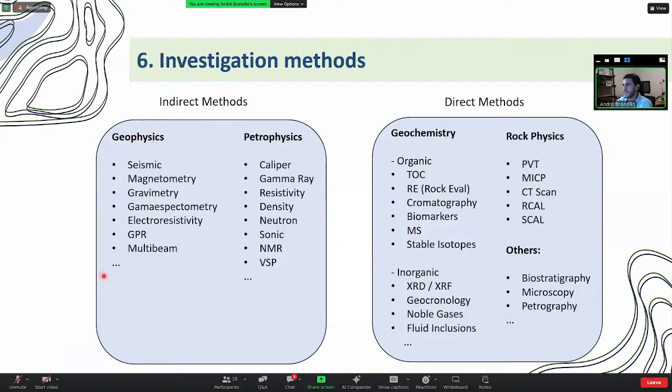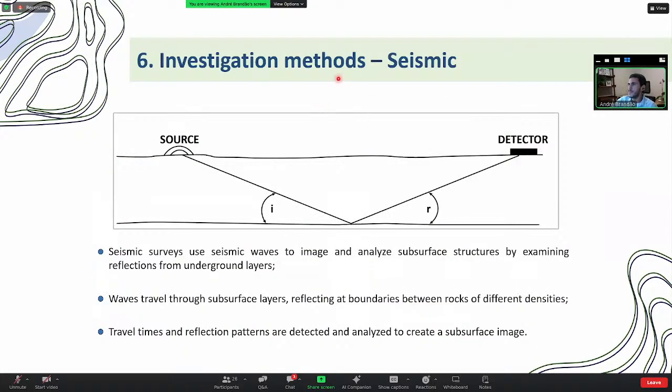We're going to start with indirect methods, basically seismic first. Seismic uses seismic waves to image the subsurface structure by examining reflections from underground layers. Basically, we have a source, and this source creates a seismic wave.